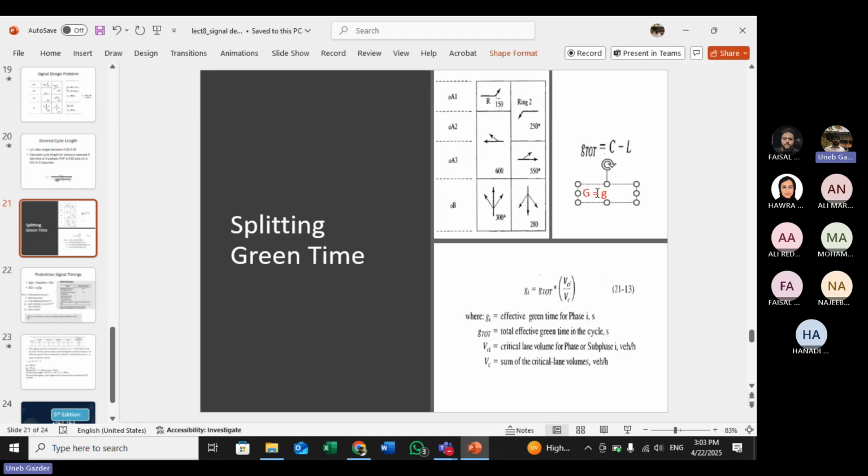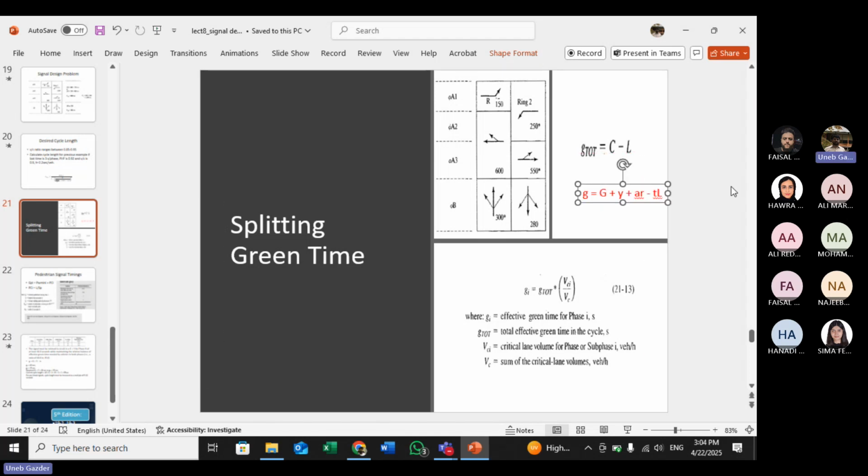You have to take the effective green time, and you will add the lost time. Sorry, effective green time equals the green light time plus yellow plus all red minus the lost time.